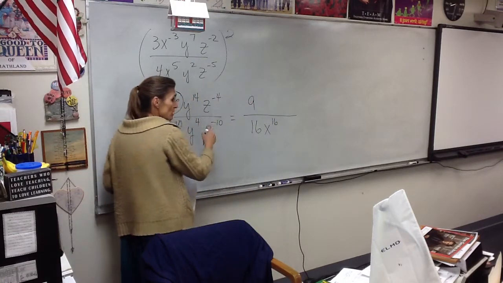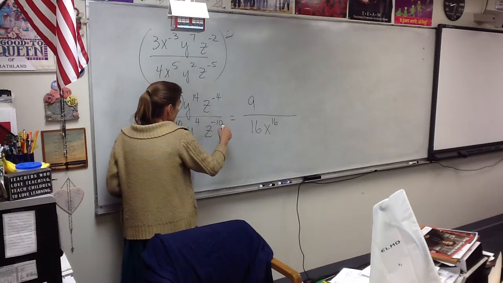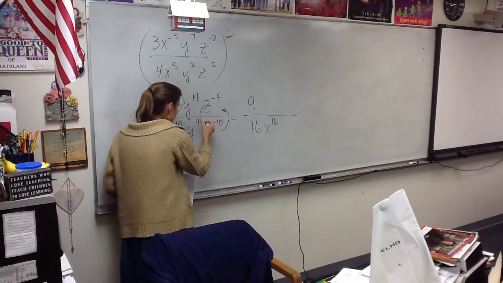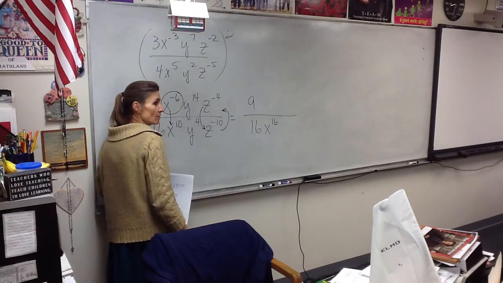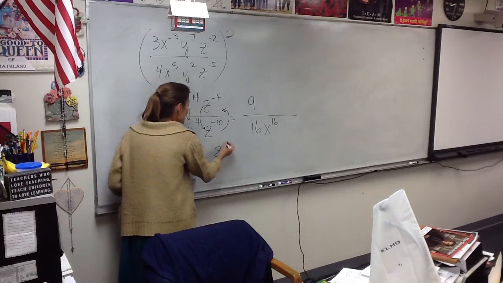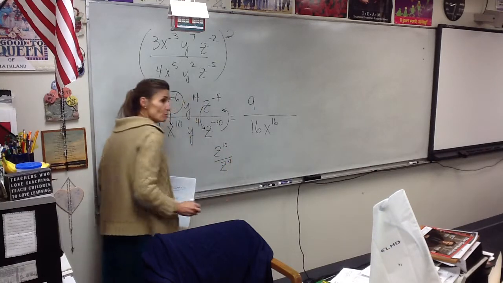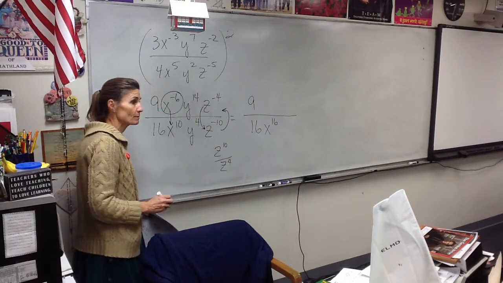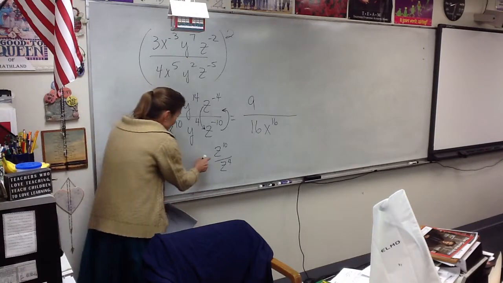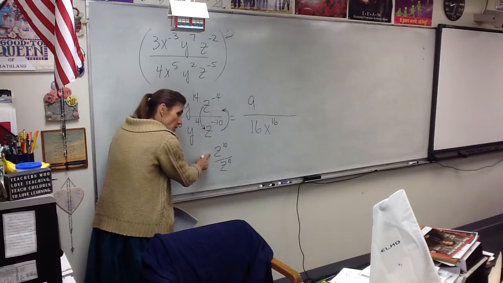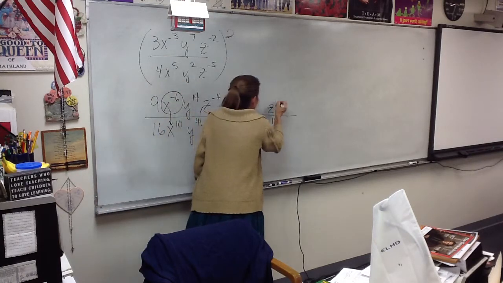Now, this one's tricky because this is going up and this one, though, is coming down. So I'm going to have 10 Z's on the top and 4 Z's on the bottom. Would you agree with that? Now look at that. Who has more? The top. How many more? So I got Z to the 6th on the top.